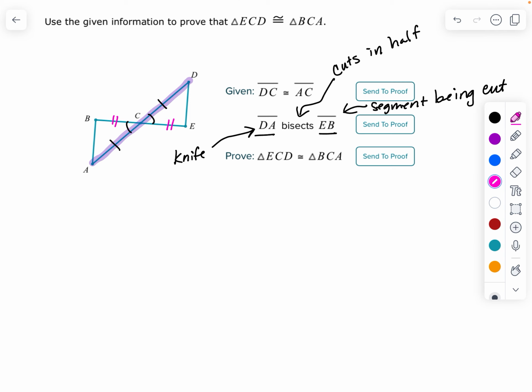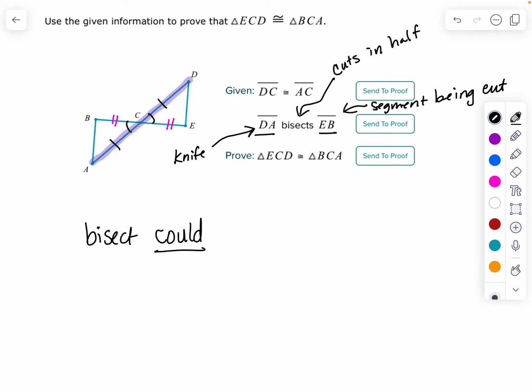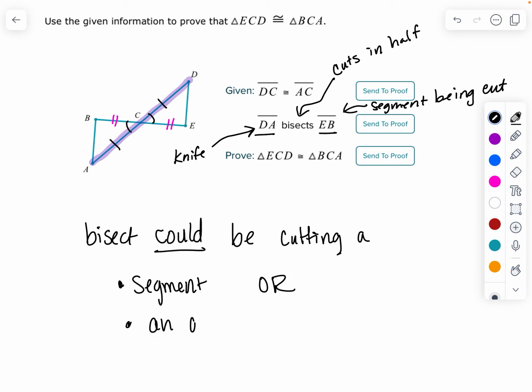Not all the time is bisect going to be bisecting a segment, okay? So let me write this out. Bisect could be cutting a segment, or an angle.